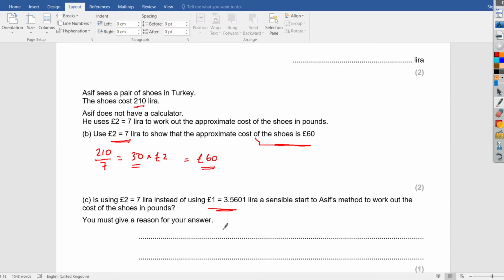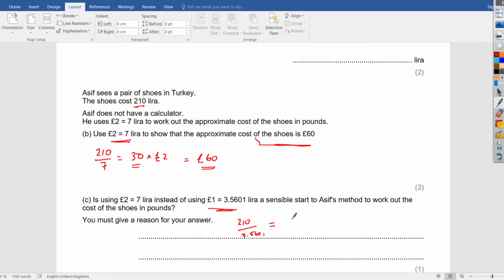If I was to get the exact value, I would have done 210 divided by 3.5601. Put it on the calculator: 210 divided by 3.5601.